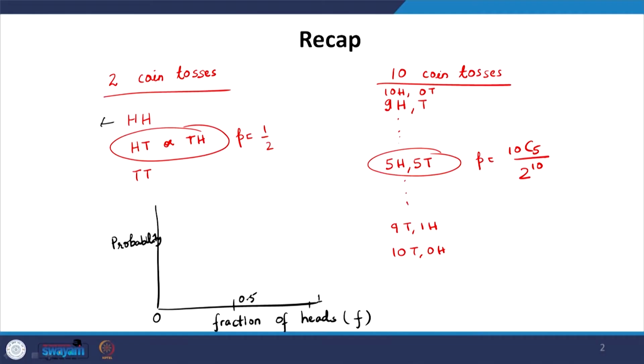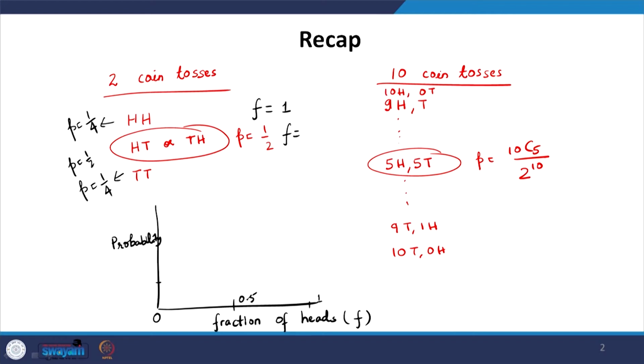So, in this particular case, when we have 2 coin tosses, naturally we have seen the probability of 2 heads was 1 by 4, probability of 2 tails was 1 by 4, probability of 1 head and 1 tail was 1 by 2. The first case corresponds to f equal to 1 when the number of heads is 2, that is fraction equal to 1.